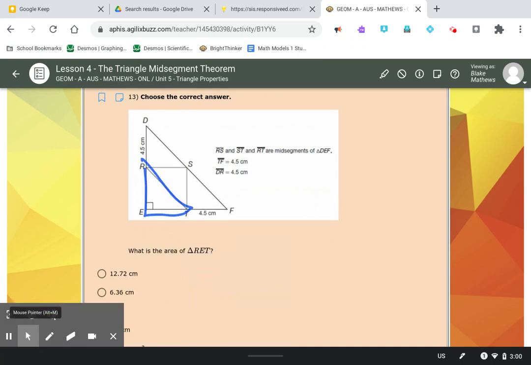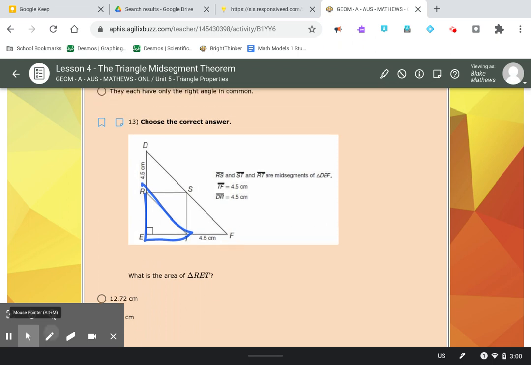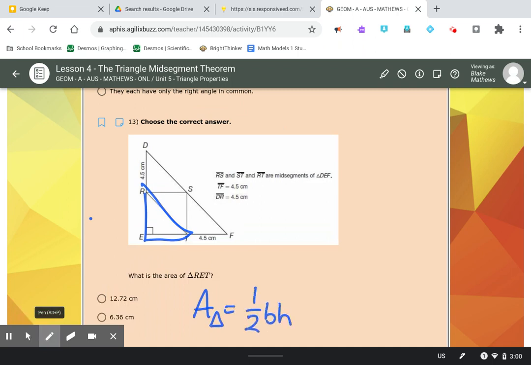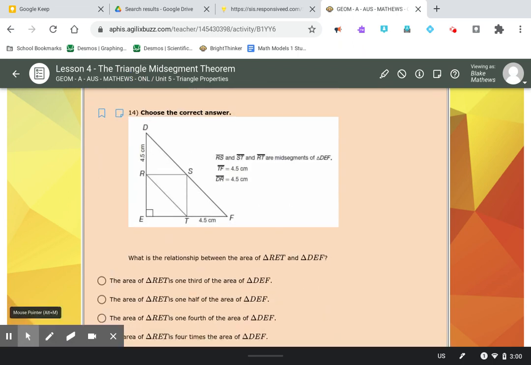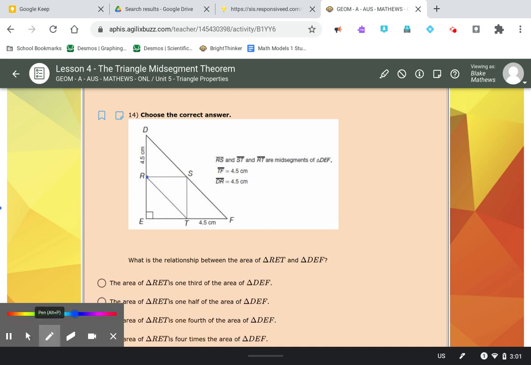Okay, give you a hint. Remember the formula for triangle area is that the area of a triangle is equal to 1/2 base times height. So base and height in that triangle are going to be, here's your base, this is your height. You should be able to figure that one out easily. And then what's the relationship between the area of RET and the area of DEF?